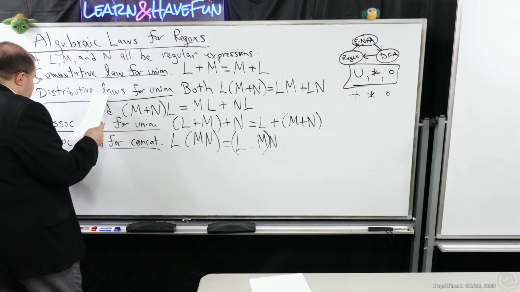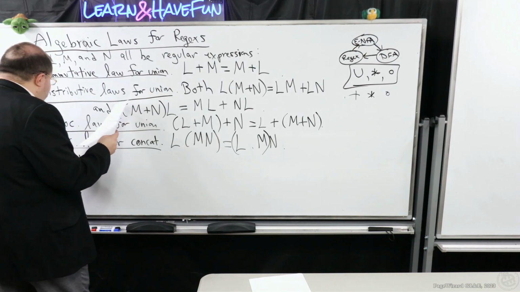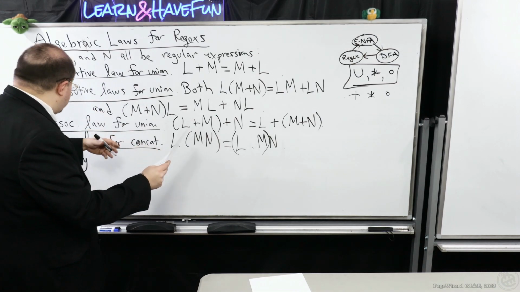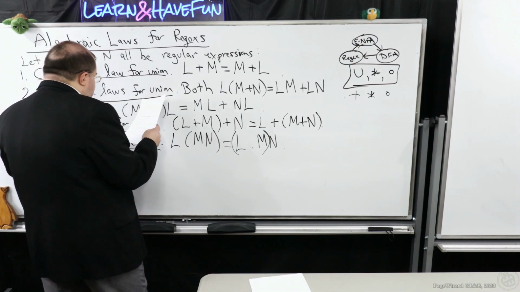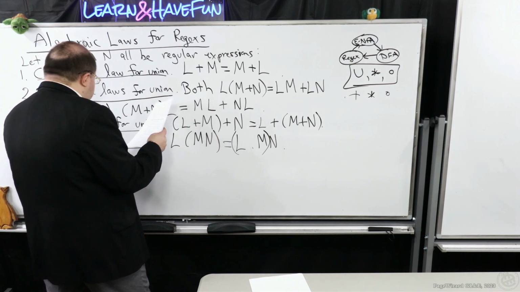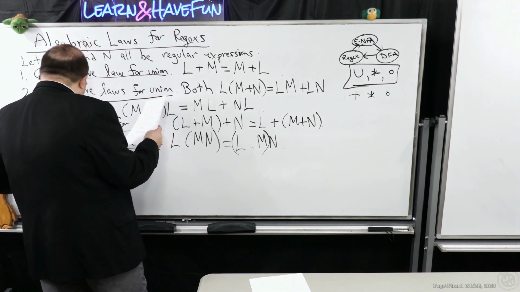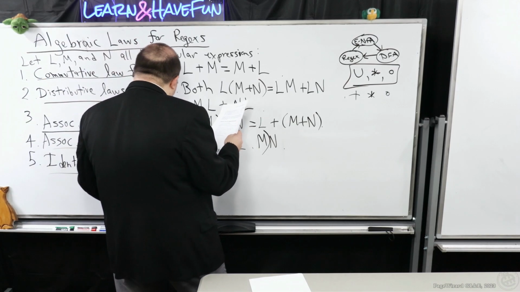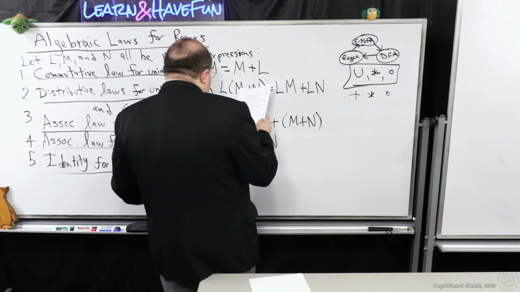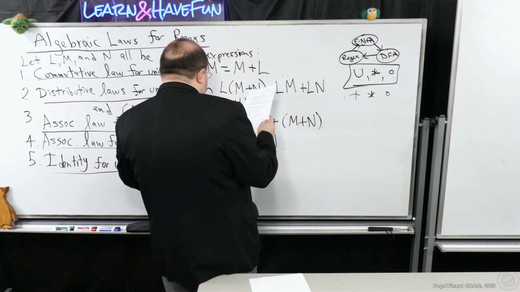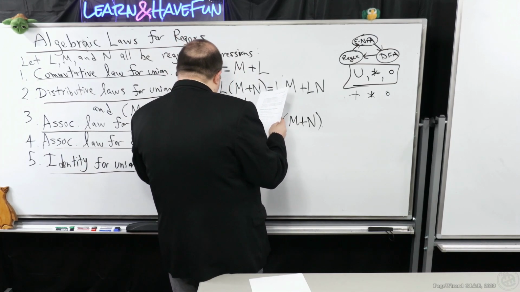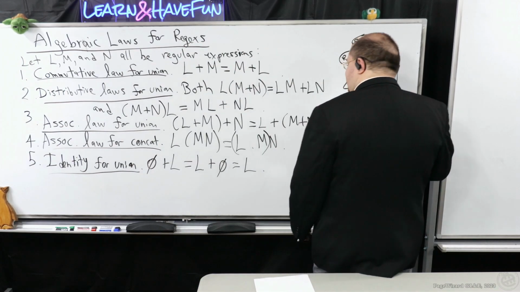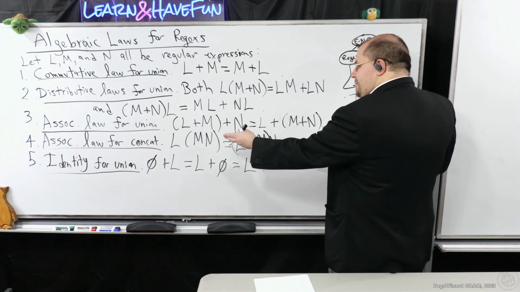So we've got identity. We've touched upon this actually when we were doing our example, when we were applying the construction from a DFA to a regular expression. Identity for union. If I take the expression for the empty language, and I union that with some regular language, it's no different than if I just wrote the language, because remember, it's union.